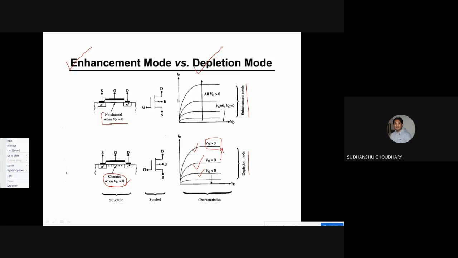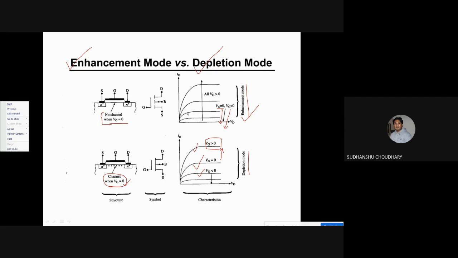Similarly, for an enhancement mode MOSFET, where there is no channel, obviously at VG equal to 0, there will be no current. That is at VG equal to 0, which is being shown here, there is zero current. And also for VG less than 0, zero current.